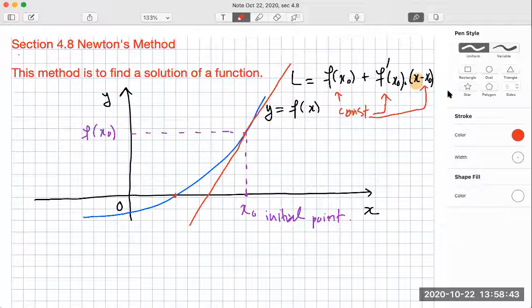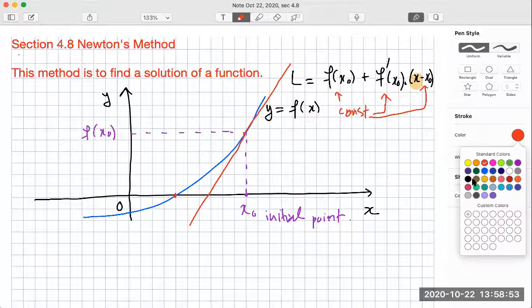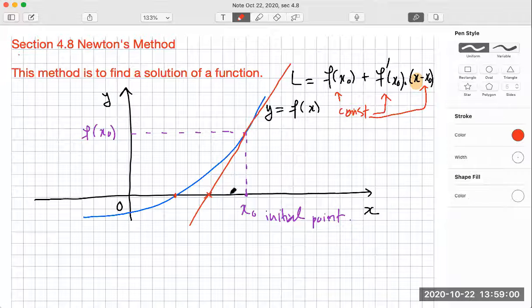We know it already. So this is a linear equation. So we can find the x-intercept of this easily by solving this linear equation, and we can find this point right here, okay?